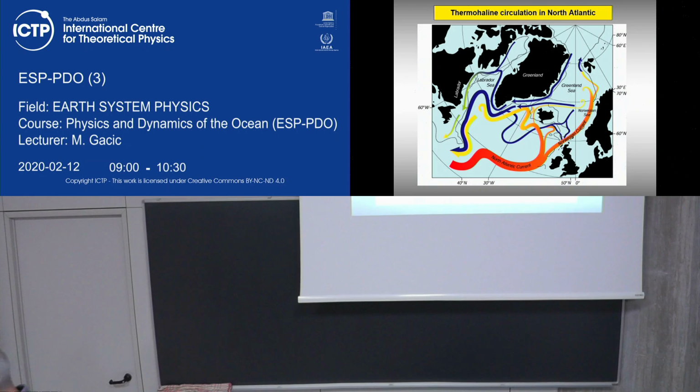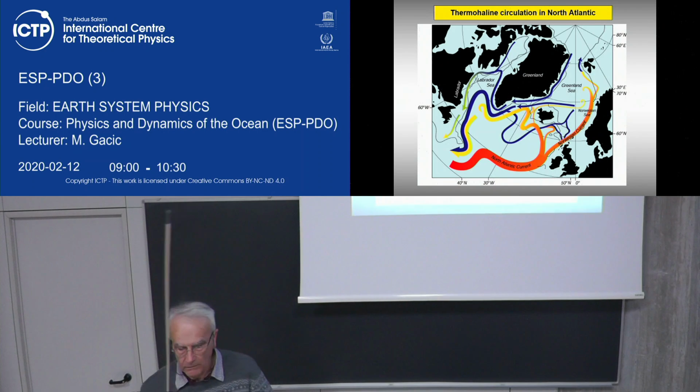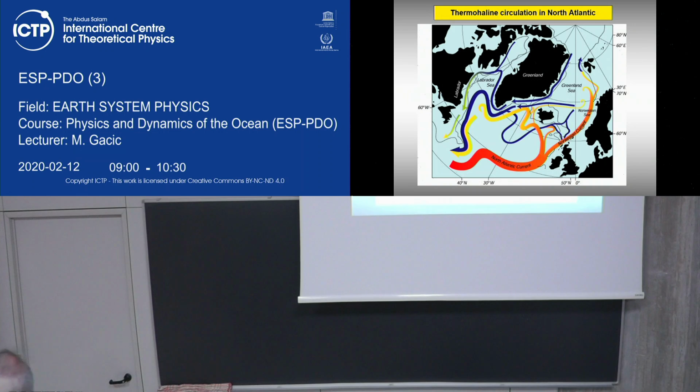To give you an idea how big these quantities of water are, which keep this huge amount of circulation flowing, I can tell you that, for example, the North Atlantic Current or Gulf Stream has a flow of about 30 million cubic meters per second, a few tens of millions.